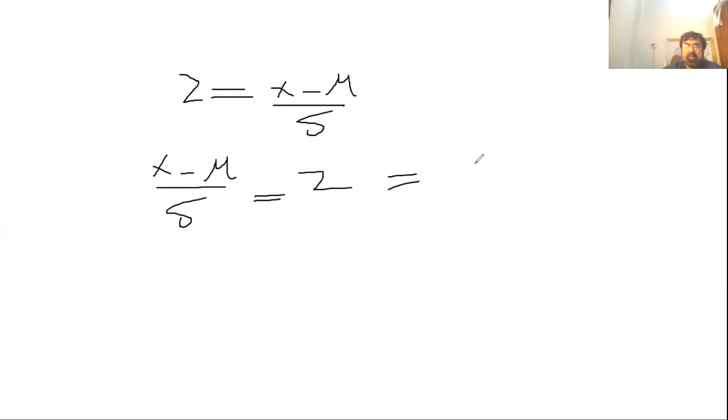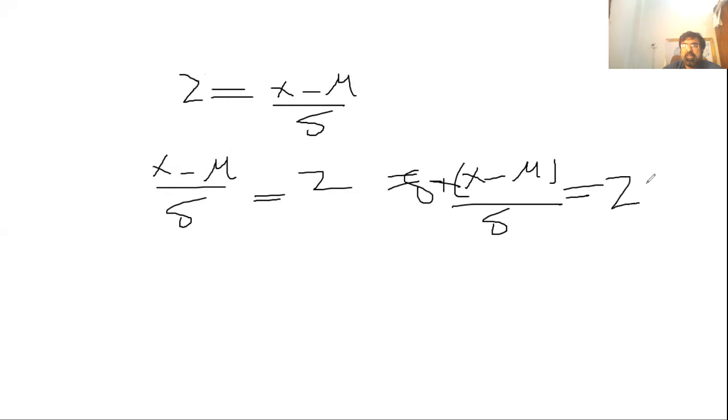Multiplying both sides by sigma, whatever you do with this side, you have to do with that side as well. So here sigma is gone, and x minus mu is equal to z sigma.